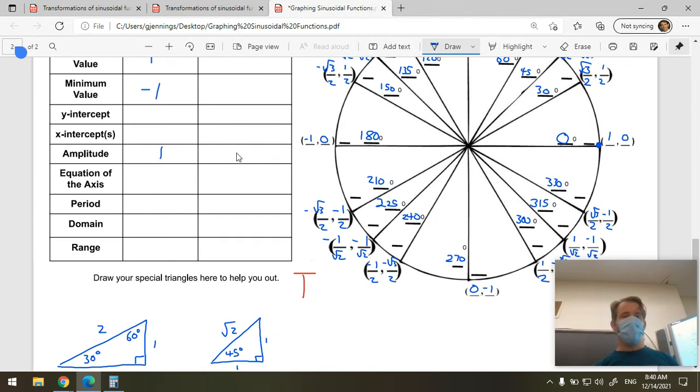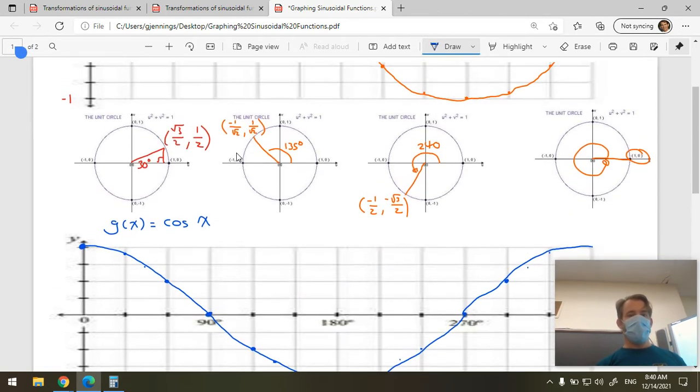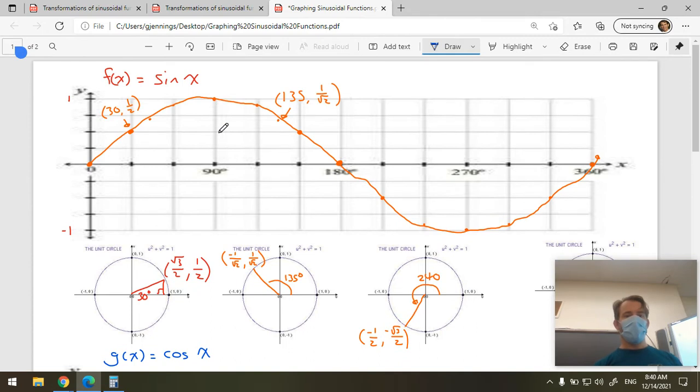And then the equation of the axis is the same in both cases. What's the equation of the axis here? Remember, it's an equation. Y equals 0. Yeah. Okay, so we can see the amplitude here. You could draw that on like this.